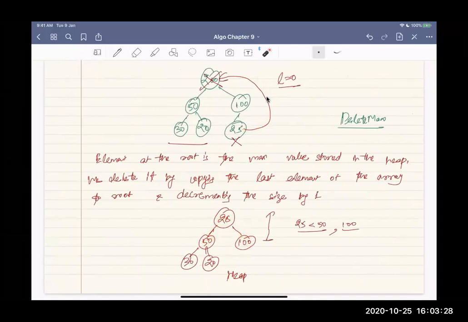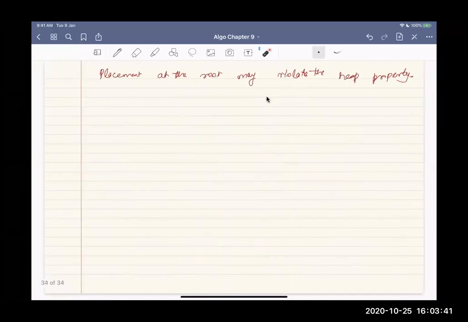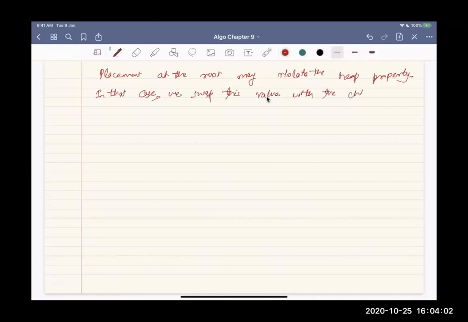So it's best if I find out among the two children which one has the maximum value and swap this value with the child having a larger value. And I keep on doing that until my property is restored.